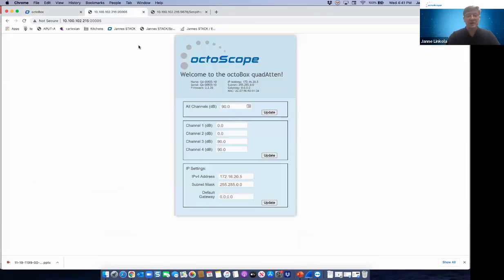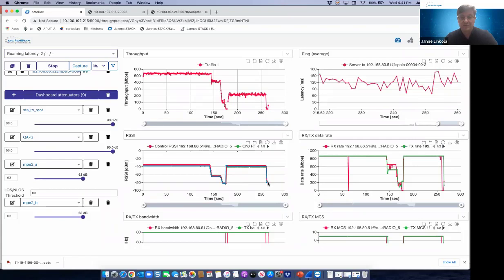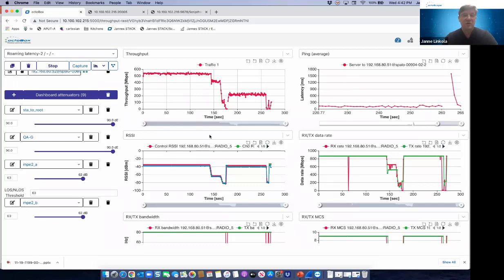Now, what I'll do next is I'll minimize the attenuation between the StayPal and the second extender, and I'll add some attenuation between the StayPal and the first extender. And what we should see is a dip in RSSI here, because the first extender was very weak now, and we saw a handover event.